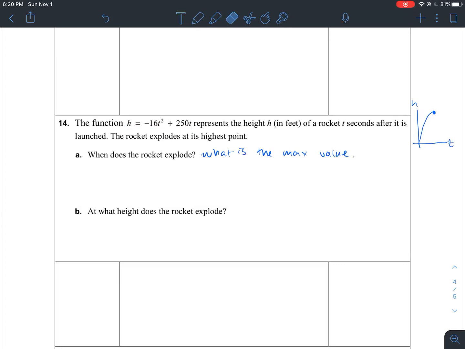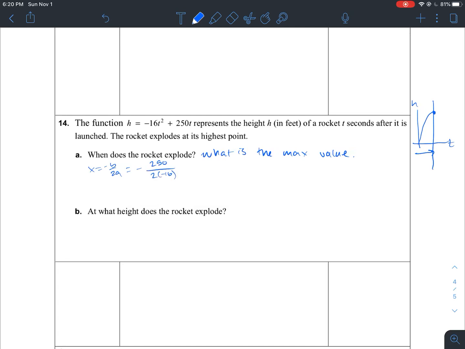First of all, we need to use the formula x is equal to negative b over 2a to find what time right here in seconds when the bomb explodes, and then we can plug that into the function to find the height at that time. So it's equal to negative, so b in this case is 250 over 2 times negative 16.